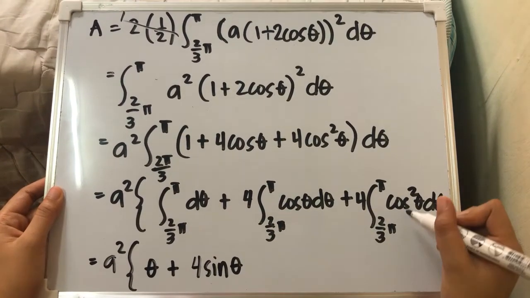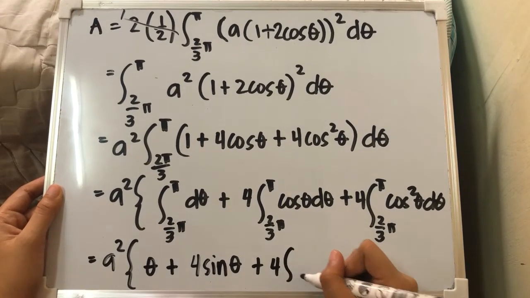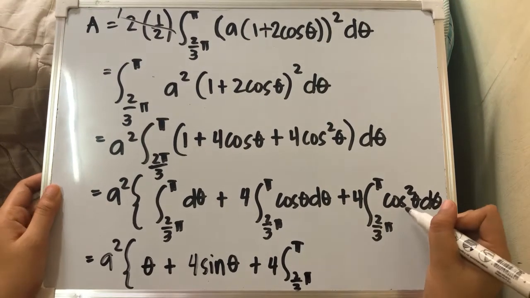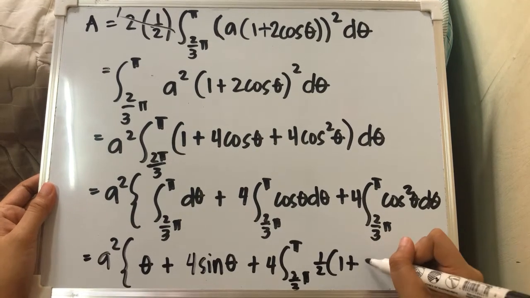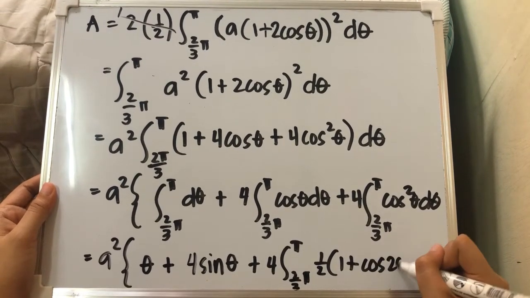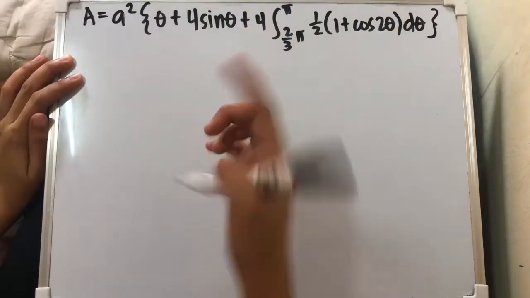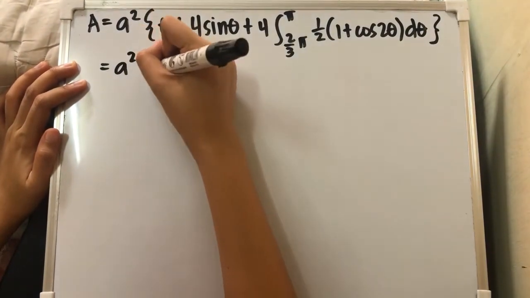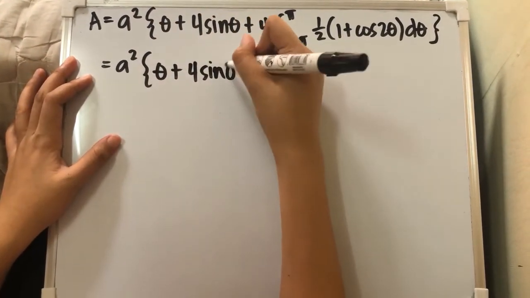And for this one, as we know, the integral from 2/3 pi to pi of cos squared theta is also equivalent to 1/2 times (1 plus cosine 2 theta) d theta.